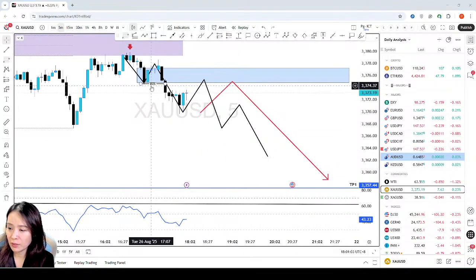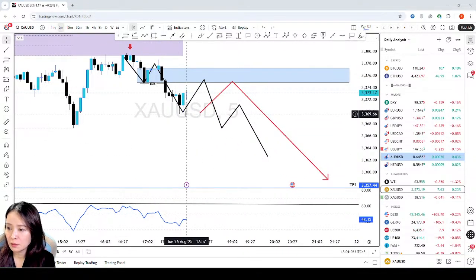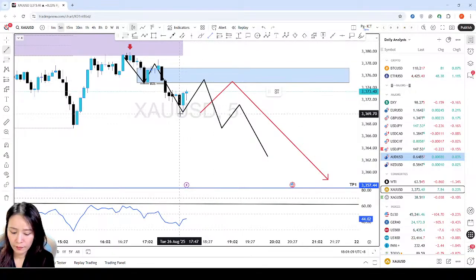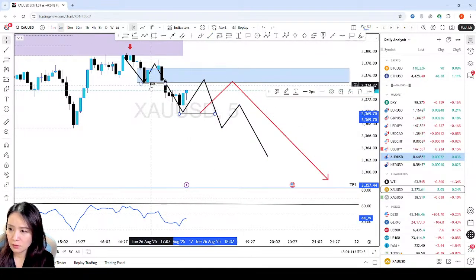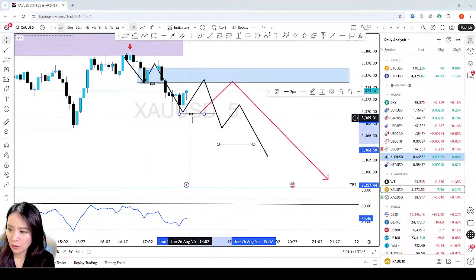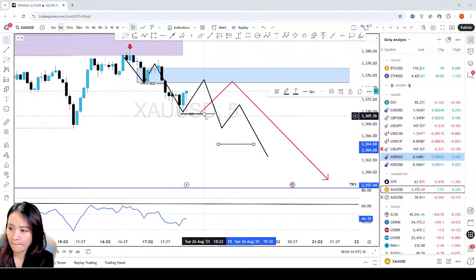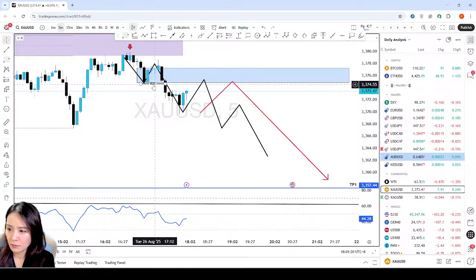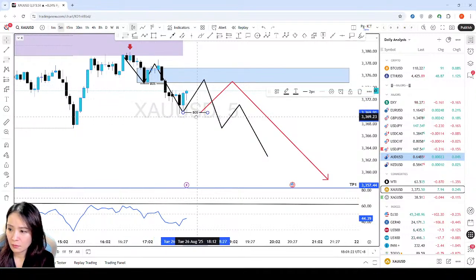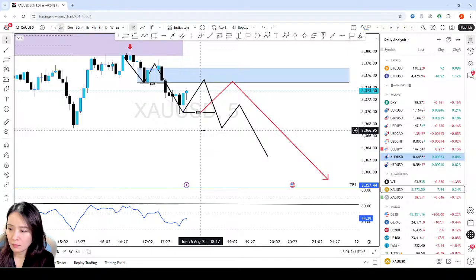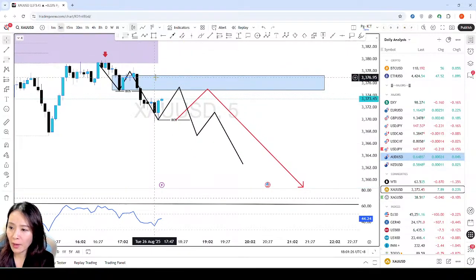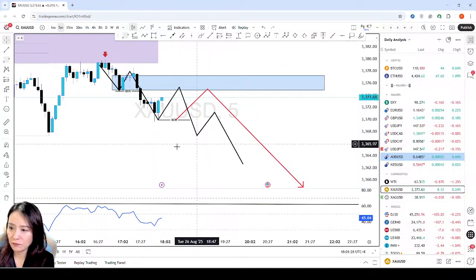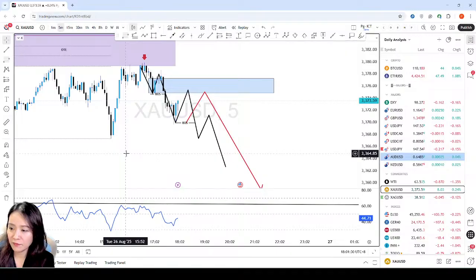We could say this is the break of structure if price makes a higher high and breaks below this low, and then this is going to be your break of structure here. So it might pull back up here again, and then fall on the M5.